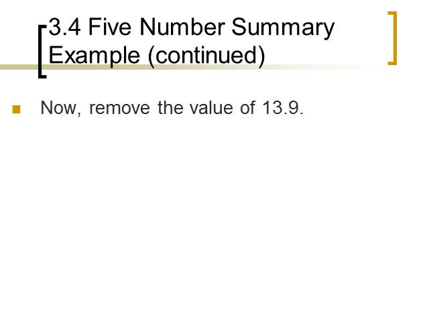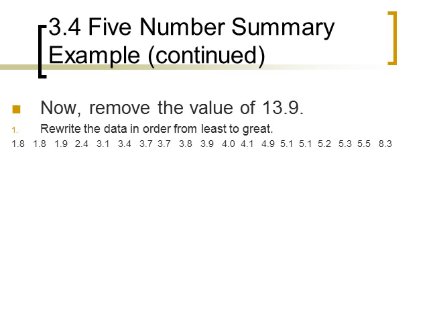Now, what happens if we remove one of the numbers from the original list? So let's remove the number 13.9, and here's the list that we now have. So if we remove that one number, I now have 19 numbers that are in this data set. So let's go ahead and figure out what's half of 19. So 19 divided by 2 is 9.5.